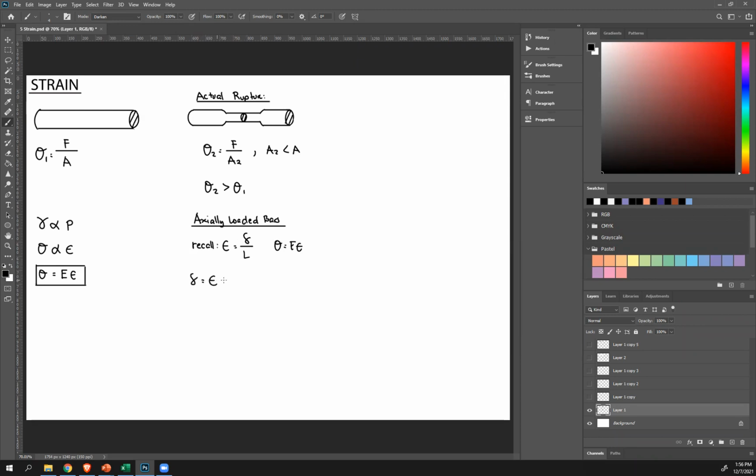Epsilon is simply sigma over E. Substituting that, you'll see that deformation is sigma L over E, where sigma is the stress due to your applied load P.